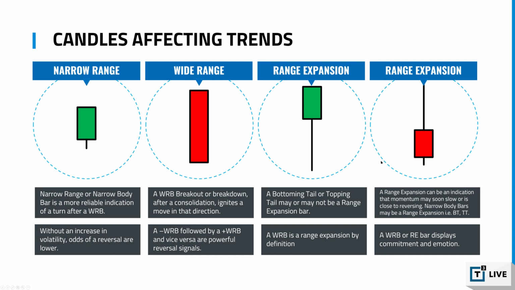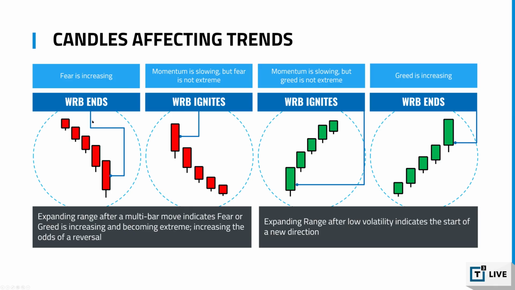Not every candle that has a topping tail is called a topping tail bar. Okay, like most candles have a little bit of tailage on either side, right? So those are not bottoming tail or topping tail candles. This is a topping tail candle. That was a topping tail candle. The other tails are not significant at all.